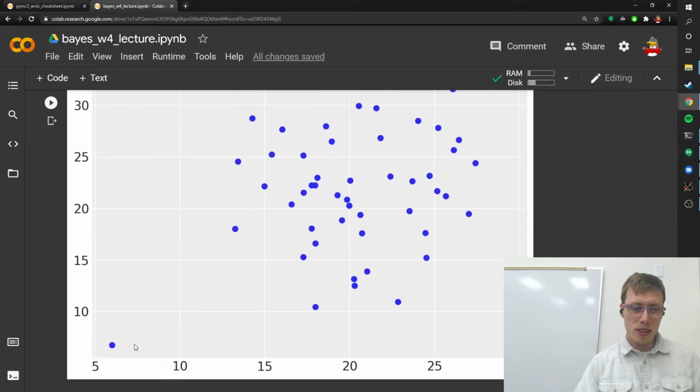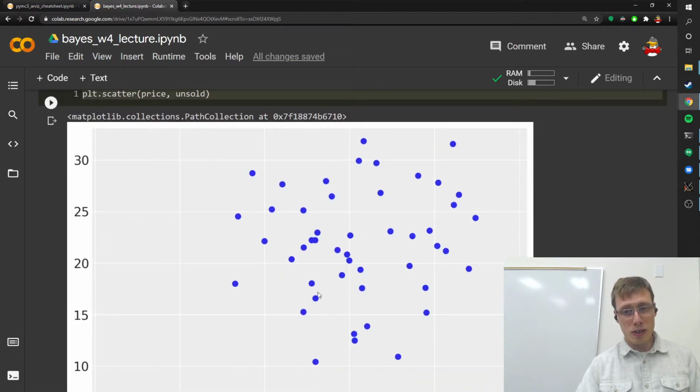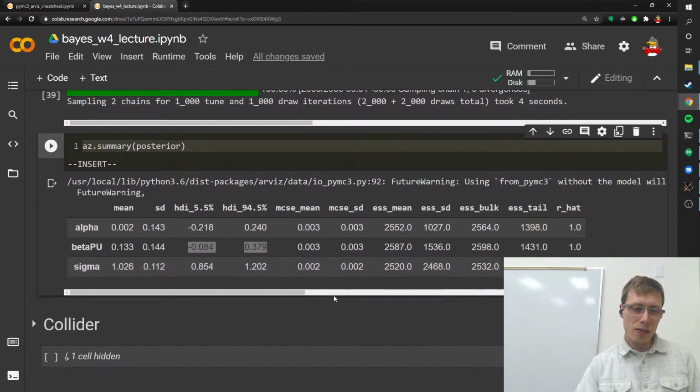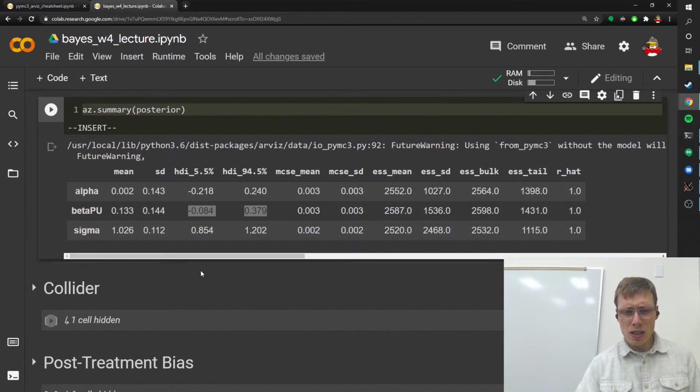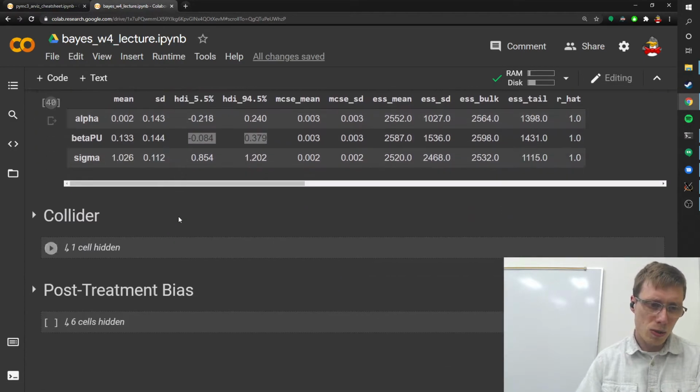If you ignore this one point, you'd be very hard pressed to say that that's a positive relationship. So I think that's partially just driven by the outlier. And even still, you aren't that sure about it. If we plotted it, you'd see a lot of the probability is weighted in the negative, so we can't really say anything with any sort of confidence.